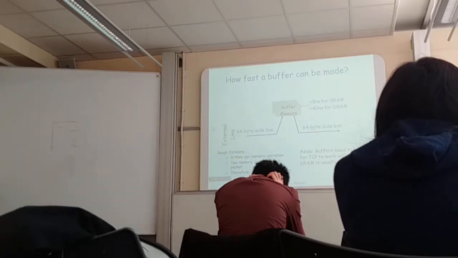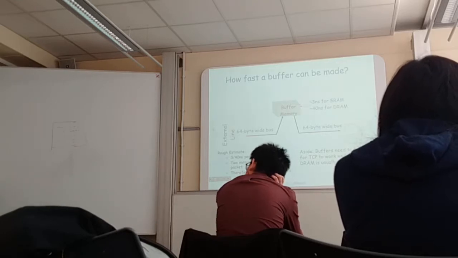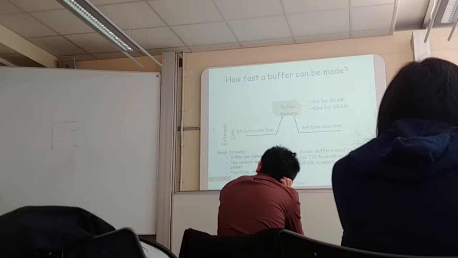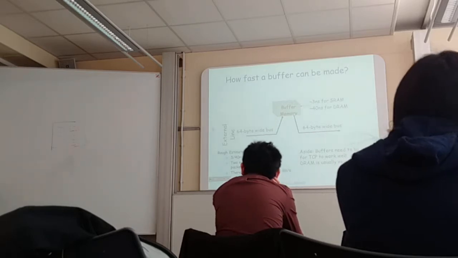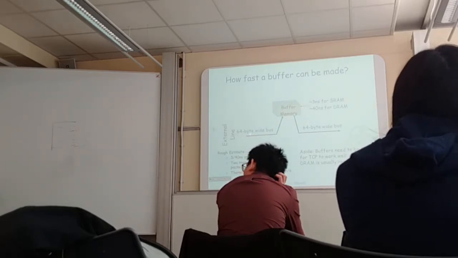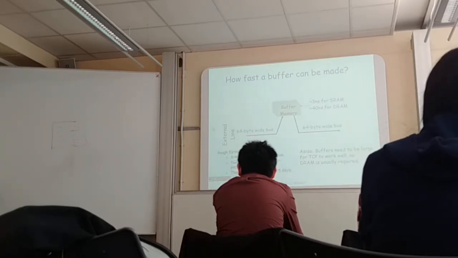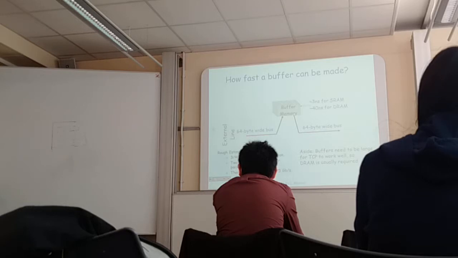Meaning when you have a packet of 64 bytes, this 64 bytes could be read or written in one time because you have a bus 64 bytes wide, so you have lots of lines coming to the memory. It's a wide bus that comes to the memory. Now that's your buffer memory.